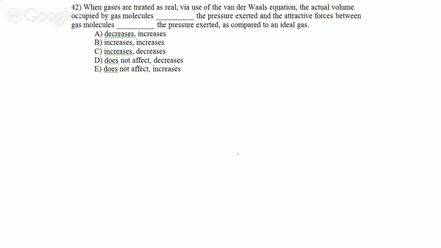All right, 42. When gases are treated as real via use of the Van der Waals equation, the actual volume occupied by gas molecules blank the pressure. Let's think about this. Pressure is related to volume, right? So if we were to increase the volume, the pressure would go down, and vice versa.